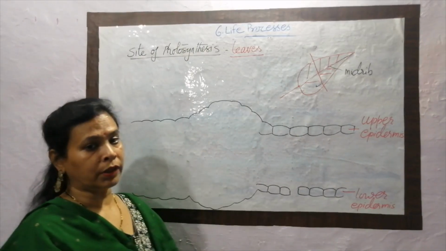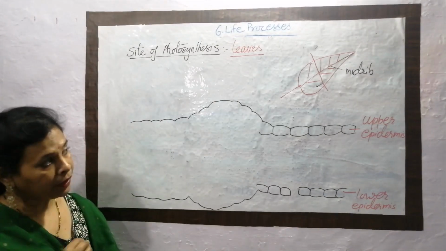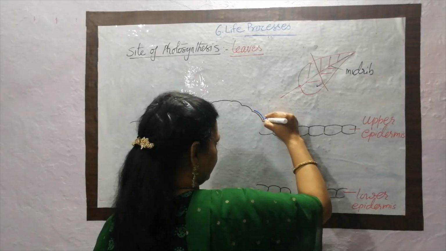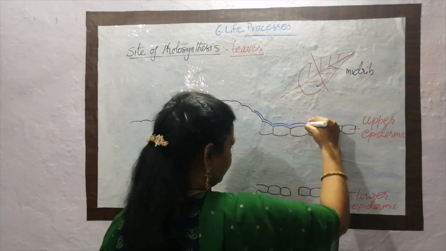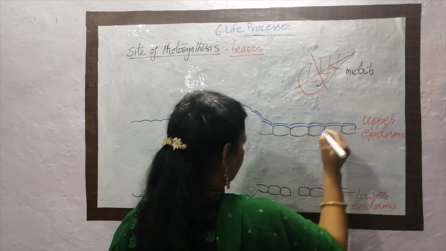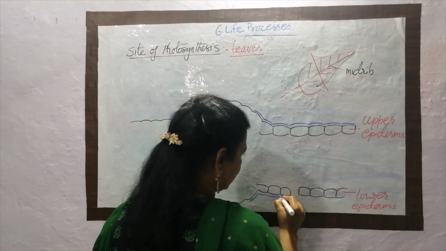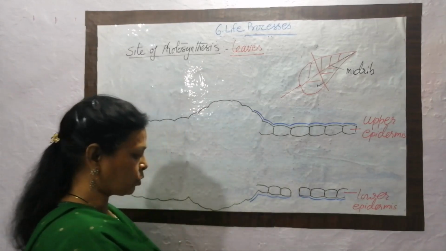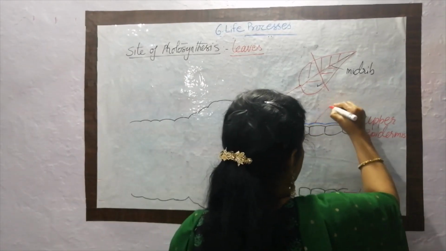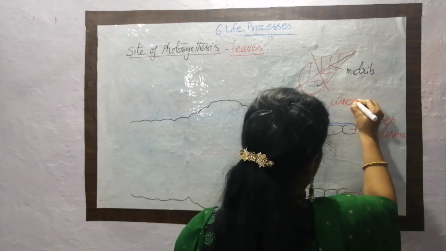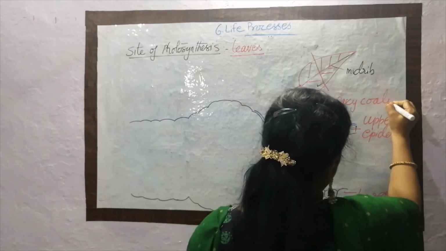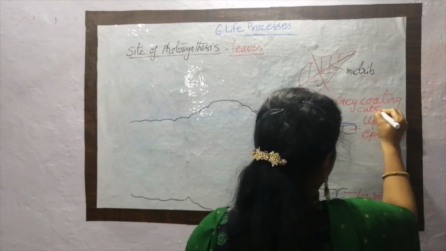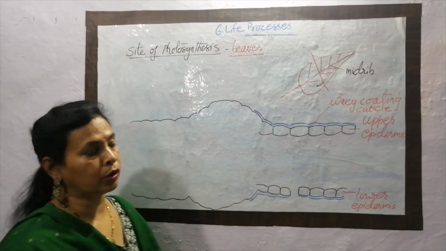Okay, so two dermal layers are present. This dermal layer is protected by a thin layer of cuticle. A thin waxy coating is present in both the layers. This thin waxy coating is called cuticle. It is a waxy coating, and what do we call it?